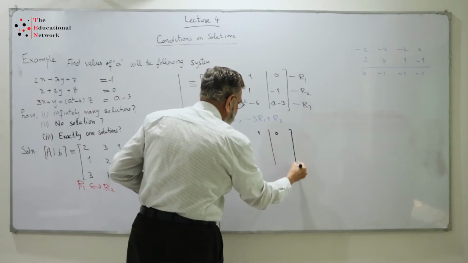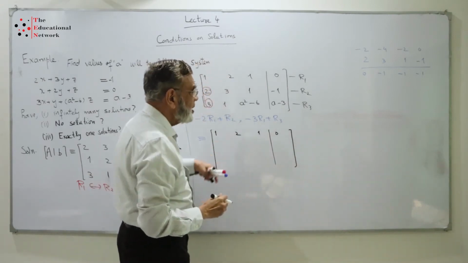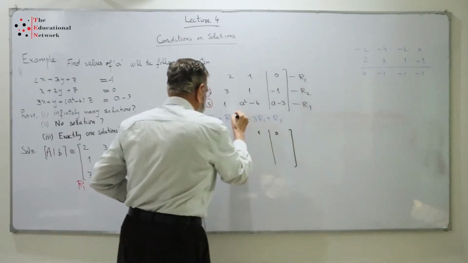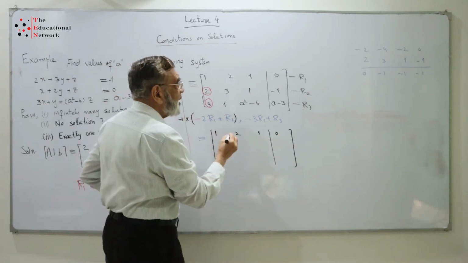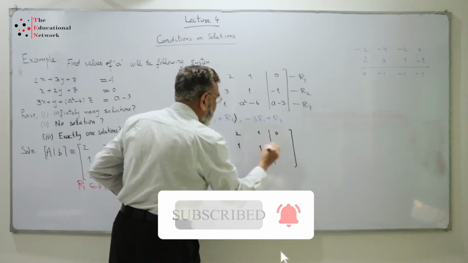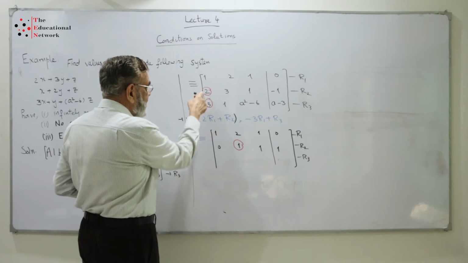Now we have done many examples already, and here I want to bring a 1 instead of -1. So I multiply this row by -1, and I get 0, 1, 1 and 1. Now we multiply the first row by -3 and add to the last row.